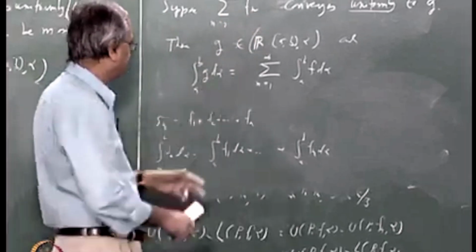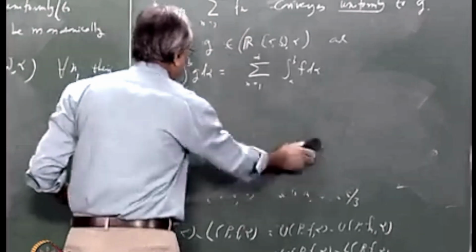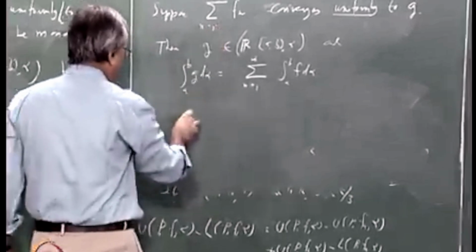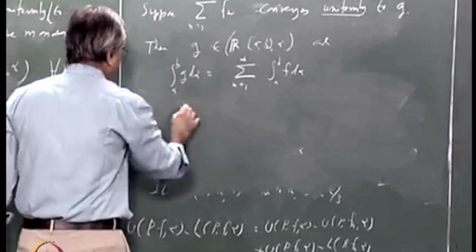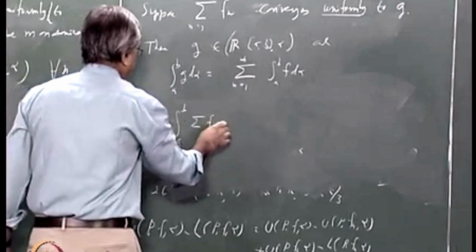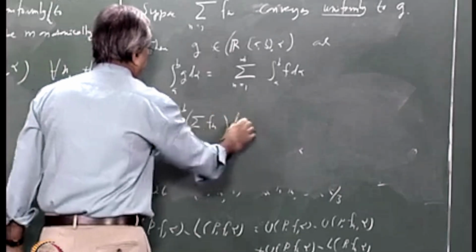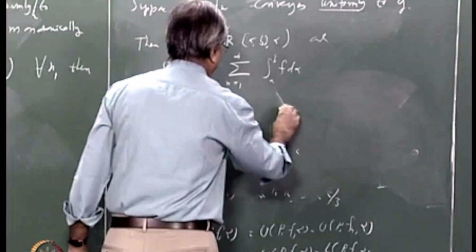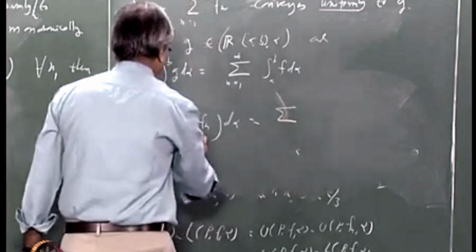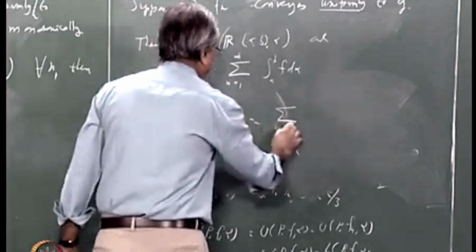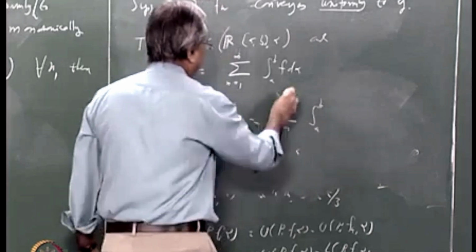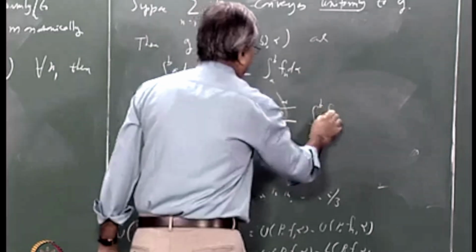Suppose you write this in the full form, this will be integral a to b sigma fn d alpha, which is same as sigma n going from 1 to infinity of integral a to b fn d alpha.